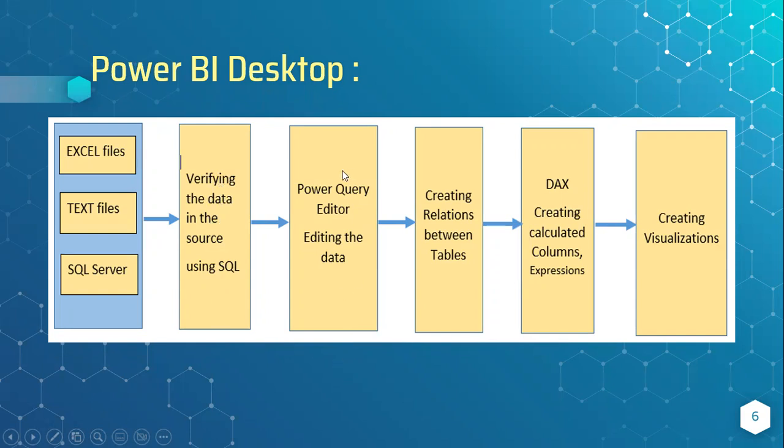Second step, using Power Query Editor, we will extract the data from different data sources and we will edit the data as per our project requirement. Next, third step, we need to create relationships between the database tables.